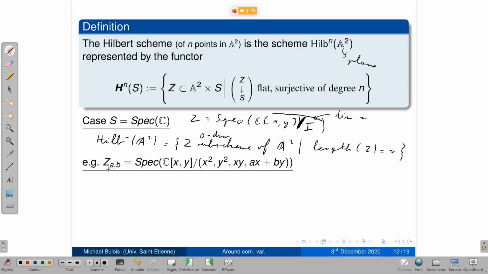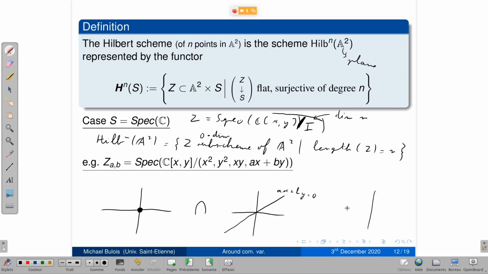And one example I want to describe is this one. If you take this set of equations, x squared, y squared, xy, so basically you have a fat point here, and you add one more equation, so you ask for the scheme to lie on a line with equation ax plus by equals 0.